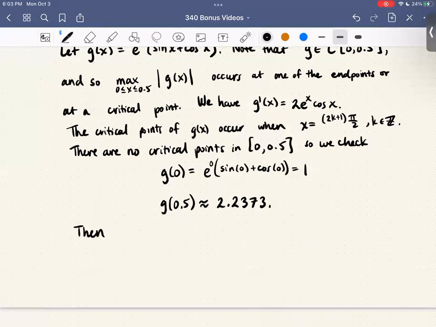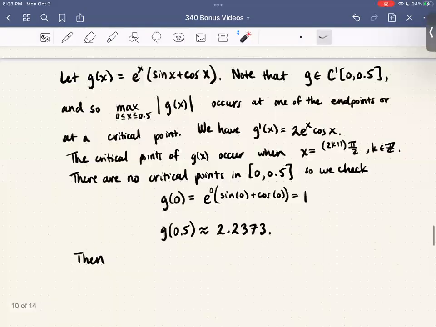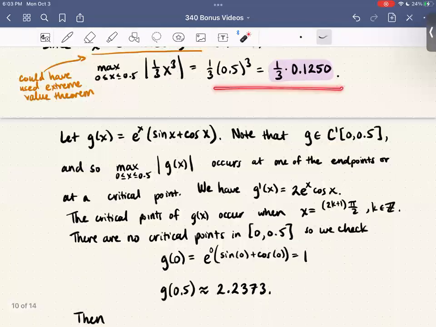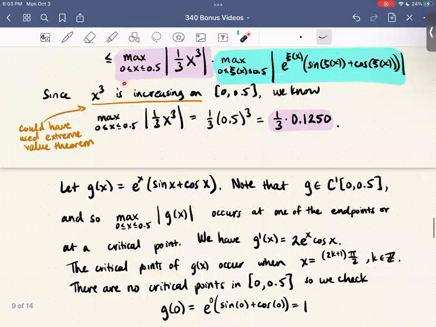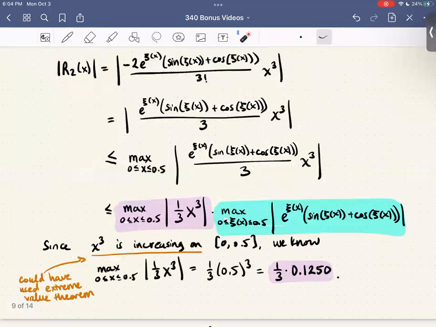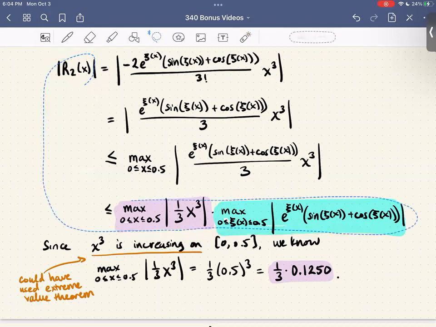Then finally, remember we're using this value way back over here. We're trying to bound the error term, and we got that the error is less than or equal to this. Maybe I should just copy this over so that it's all on one screen.